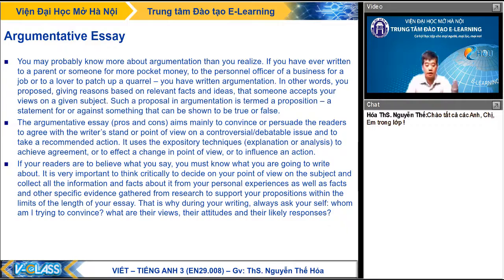It uses the expository techniques: explanation and analysis, to achieve agreement, or to effect a change in a point of view, or to influence an action.